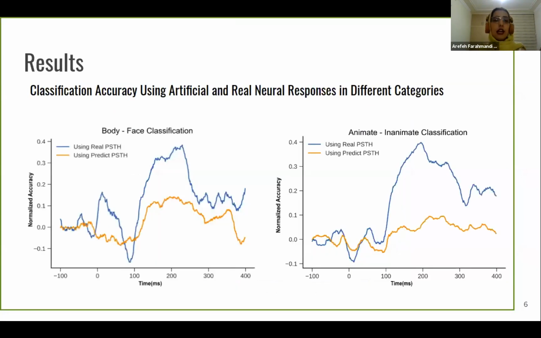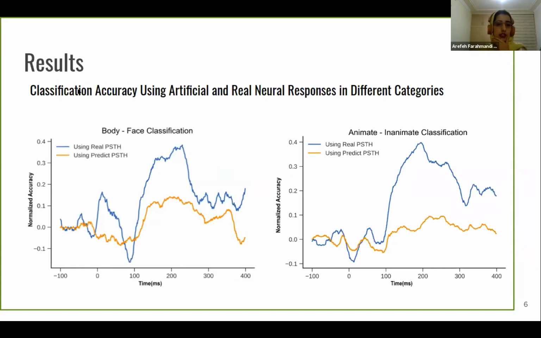In the other step, the IT cortex is responsible for categorization. So we expect that our real neural response is able to classify different categories from each other. So we do some bootstrapping and classification on our real neural response to see what is happening.